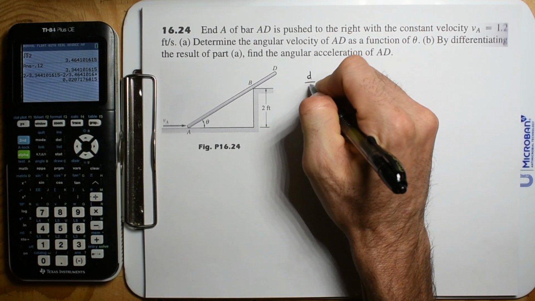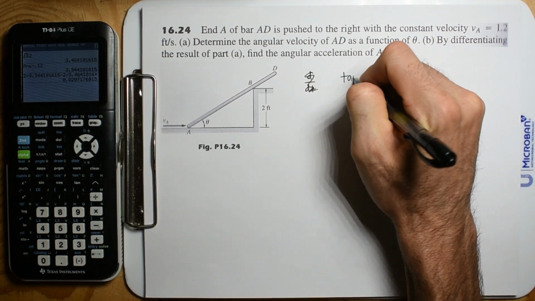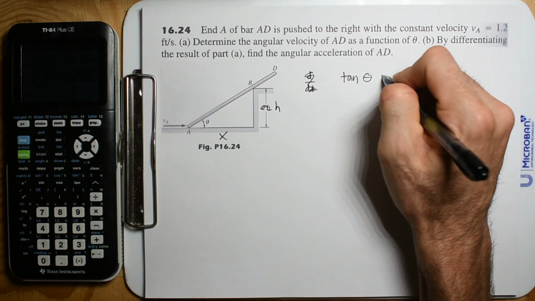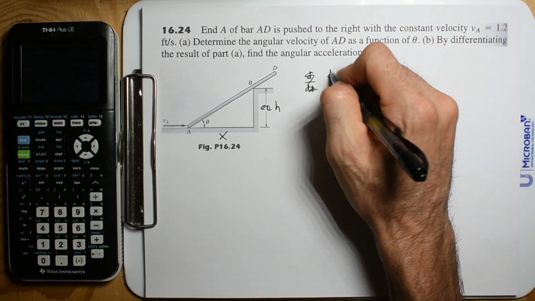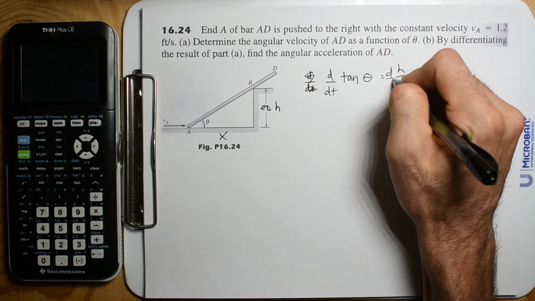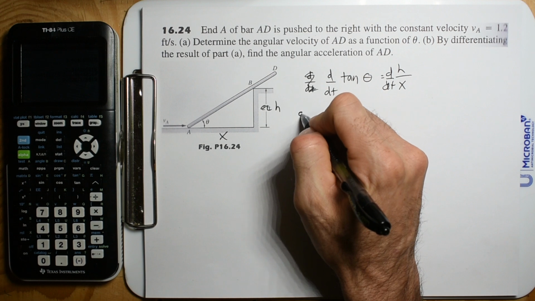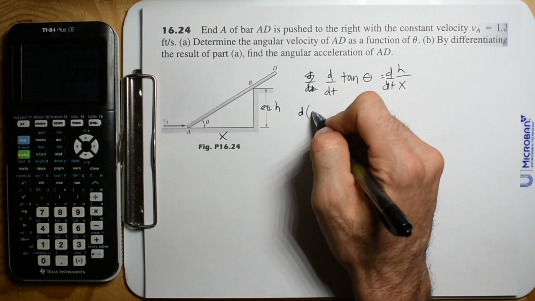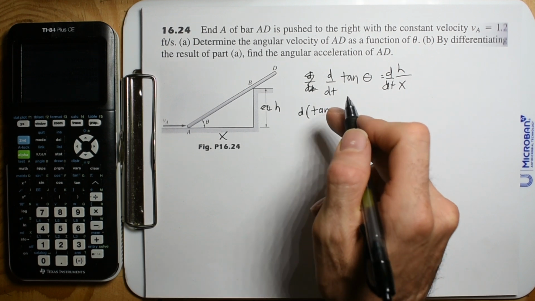So we're going to do the derivative. Well, I guess first we're just going to have this. This is going to be h, this is going to be x. Tangent of the angle, h divided by x. Cool. So now we can just differentiate with respect to time. And again, we do this chain rule. And the other thing with differentiation, I would do this d and then put in parentheses and say this is what I'm changing.